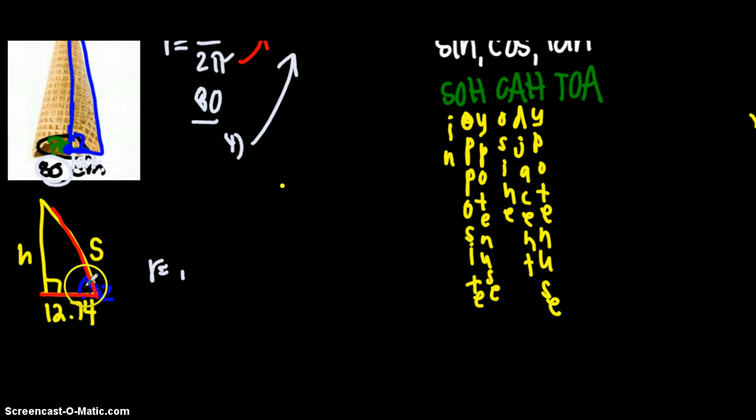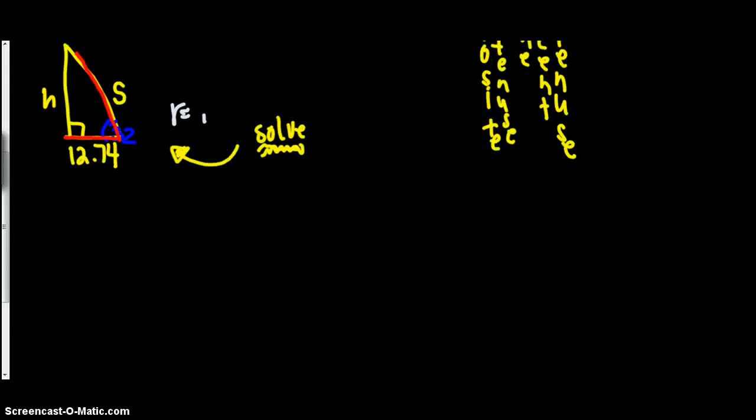We have both a number and a variable. Let's solve. So to solve, I said that we were using tangent. You would write tan, which is short for tangent, and then put the angle in here, which is 32. Close your parentheses and set that equal to opposite over adjacent. So let's do that now. H over 12.74.